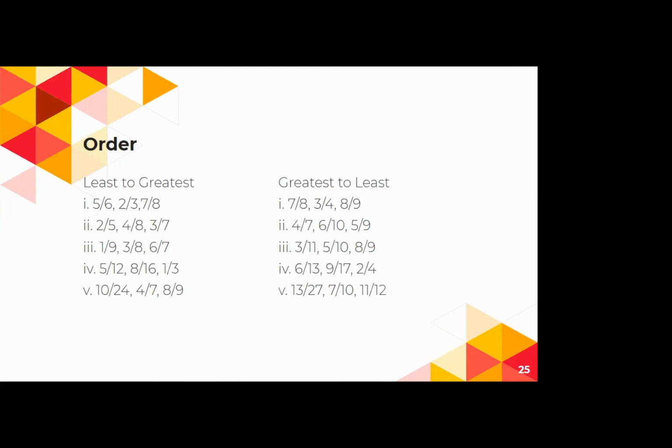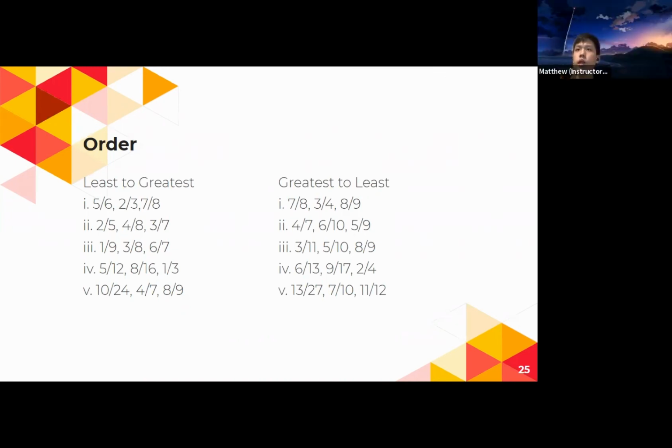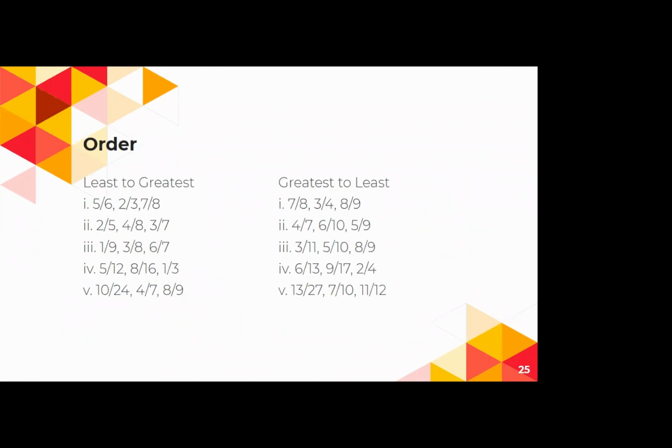Eight over 9, 7 over 8, 3 over 4. Correct. What about the next one? 6 out of 10, 5 out of 9, 4 out of 7. Correct.